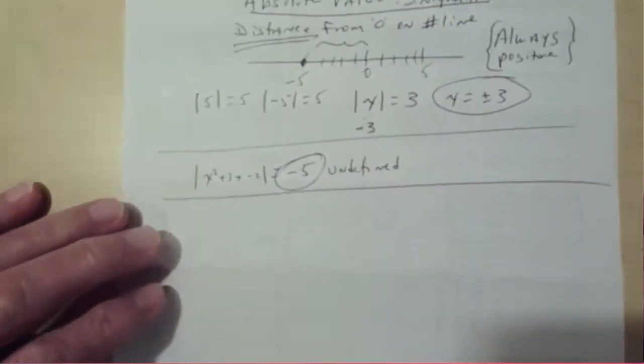Can't be a negative number. Or it could be just as simple as the absolute value of x equals -5. Could be that too, but still undefined because absolute value is always positive. Okay. Now this can also be written like that, null set.